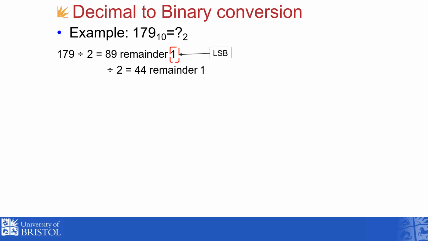At the end, when we complete this process, this is going to be the least significant bit, otherwise the rightmost bit of the binary number. Then we continue repeating the same step. This time, what was previously q0, in other words 89, we divide by 2. And that gives us 44 and a remainder of 1.